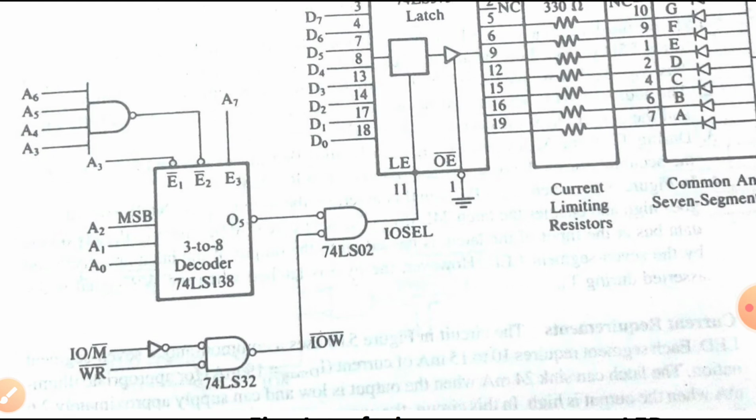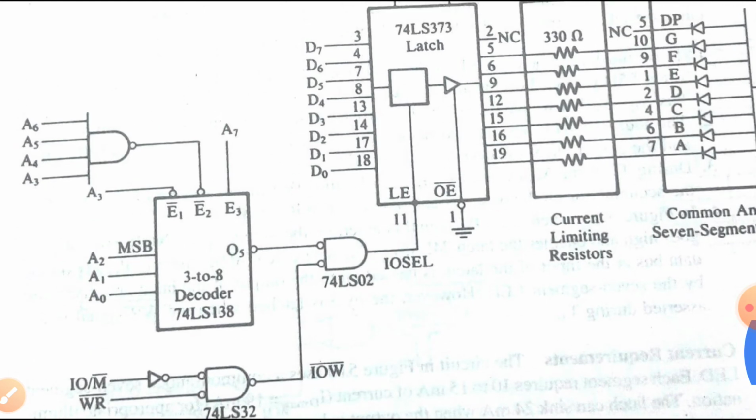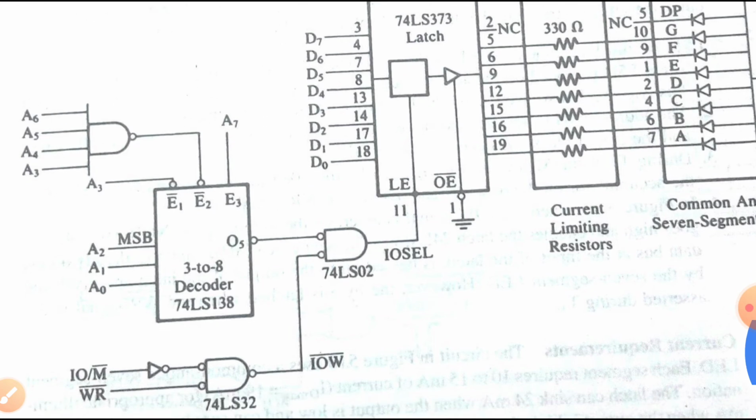We have connected O5 for the selection of the latch, and this is going to generate F5 because A2 should be 1, A1 should be 0 and A0 should be 1. This can be obtained with the help of the output O5. So A3 can be connected to the active low enable, that is E1, and the remaining address lines should be connected to E2 through the 4 input NAND gate.